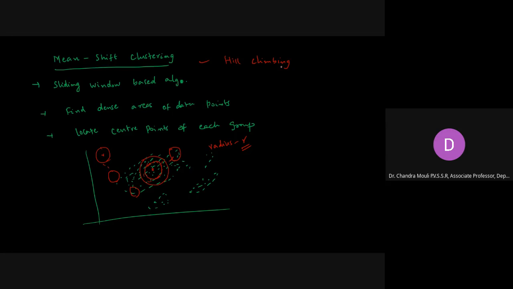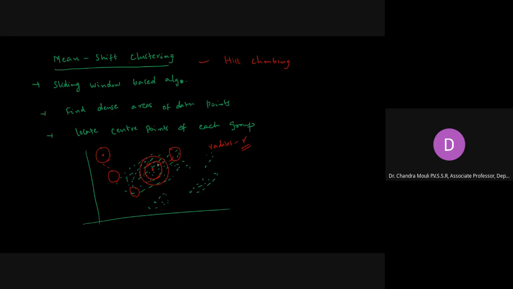The similarity between hill climbing and mean shift clustering is that both involve some kernel and keep moving the kernel iteratively to the higher density region on every step.